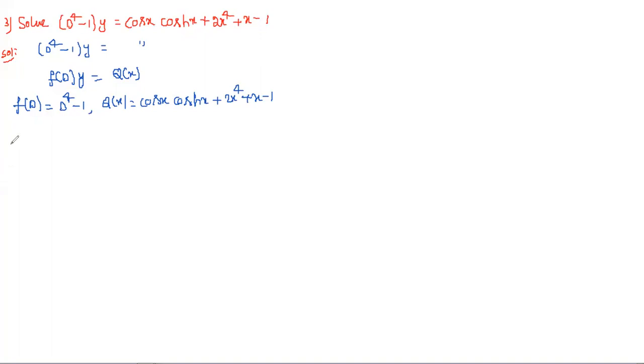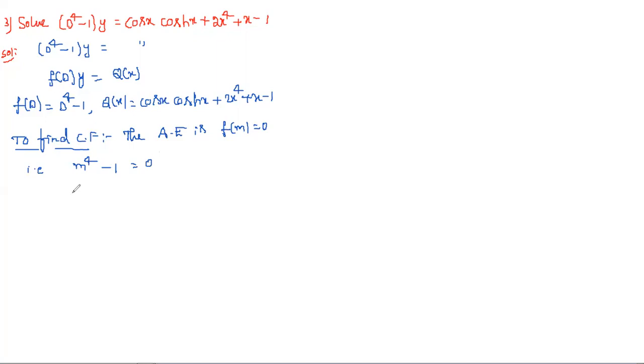Now first we need to find the general solution, or complementary function. So for that, to find a complementary function, first we need to choose the auxiliary equation, right? So the auxiliary equation is f(m) = 0, that is m^4 - 1 = 0.